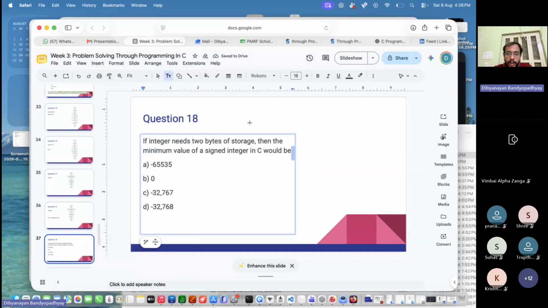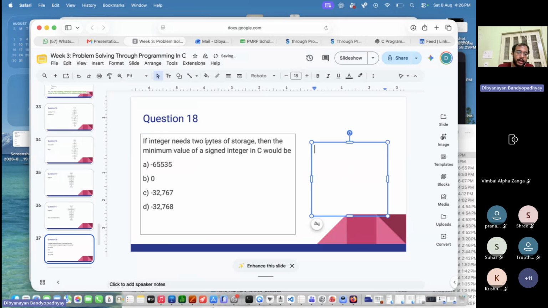moving from this to another question. So what happens is that if integer needs 2 bytes of storage, 2 bytes of storage means actually how much? It is 16 bit, right? As 1 byte is 8 bit, 2 byte is 16 bit. So out of the 16 bit, 15 bits are normal bits and 1 bit is signed bit.